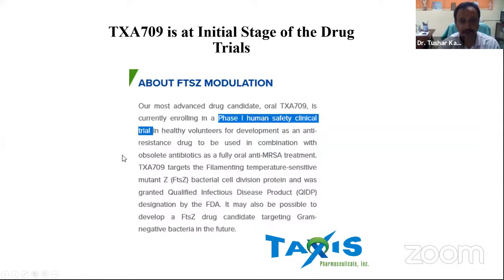And later they took this drug and applied for a phase 1 human safety clinical trial.